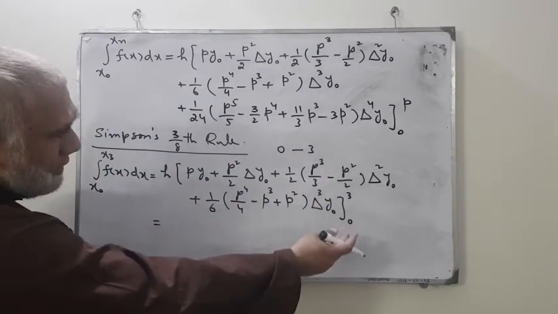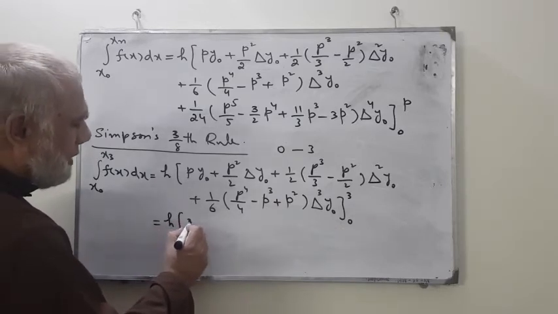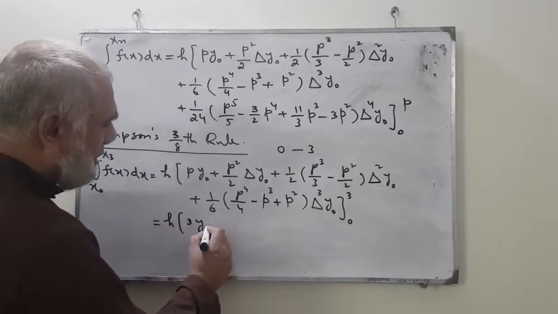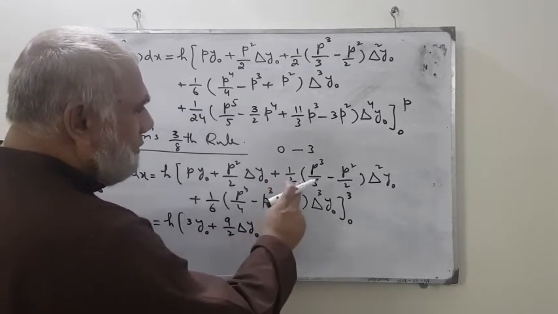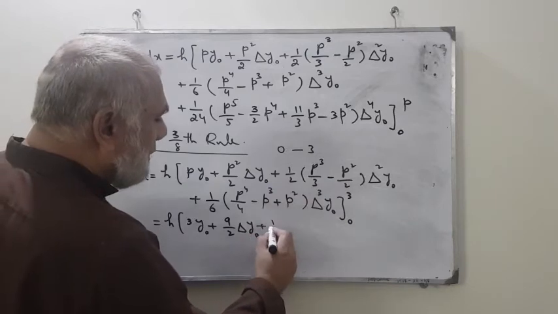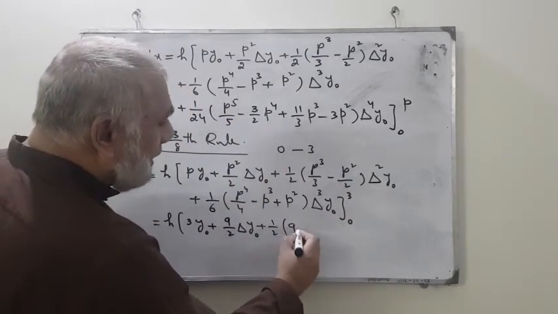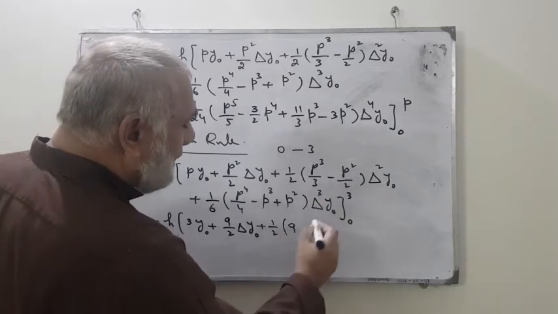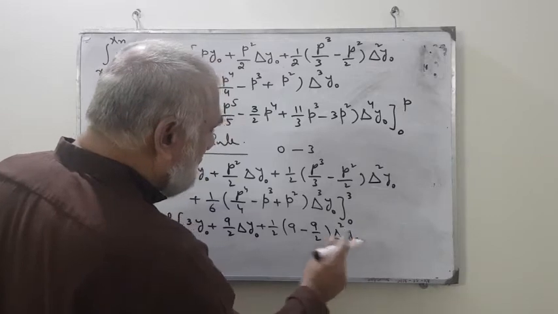Okay, after doing this, now if you apply the limits, we get 3 times y0 plus 9 by 2 times del y0. From here we get plus 1 by 2 (27 by 3 gives you 9, minus 9 by 2) into delta 2 y0.